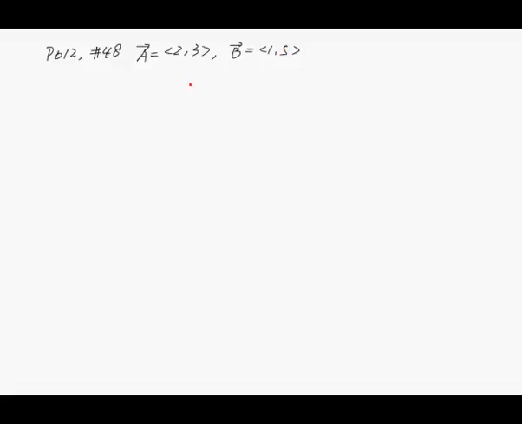To find the angle between these two vectors, let's use the formula cosine theta equal to A dot B over the magnitude of A times the magnitude of B.